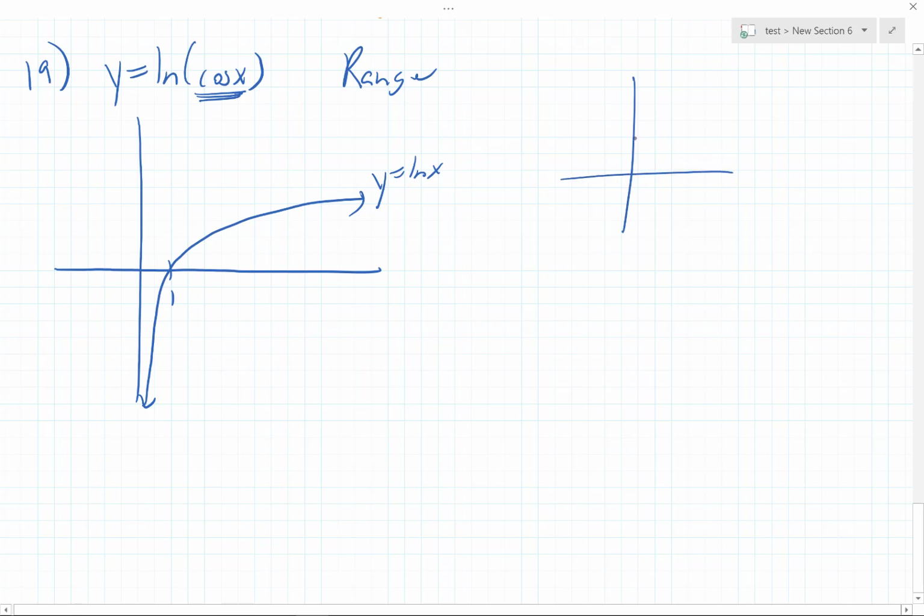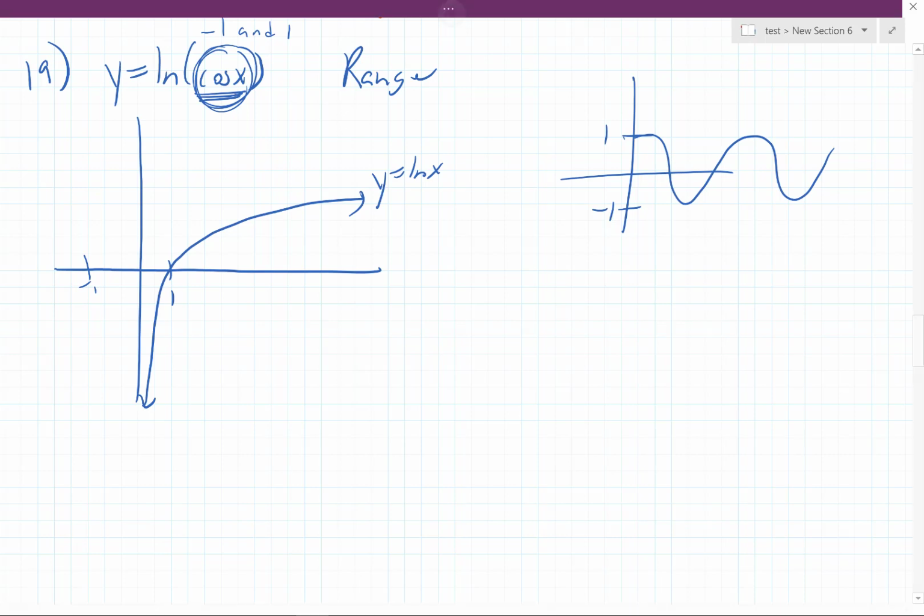So your cosine of x looks something like this. And the things that you're getting out of cosine of x are only between negative 1 and 1. So this value in here is always going to be between negative 1 and 1. So the ln, I'm only going to be taking the ln of things between negative 1 and 1.